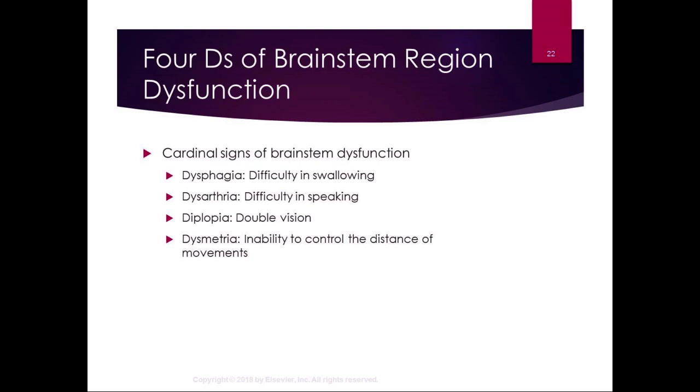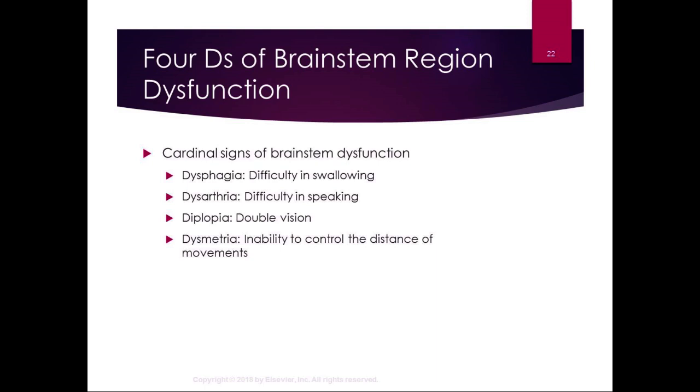Diplopia is double vision. So we will talk in the next chapter about vision and how the eyes work together, and all those cranial nerves that involve the control of eye muscles and vision. You can see how if cranial nerves are affected, it could cause double vision.